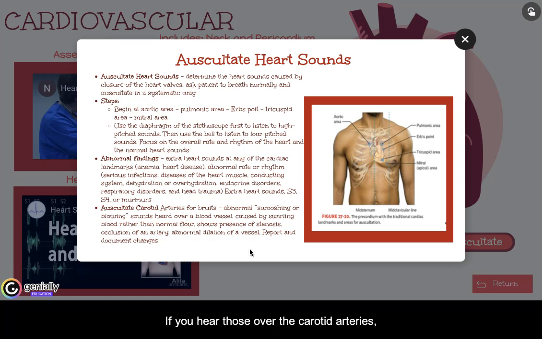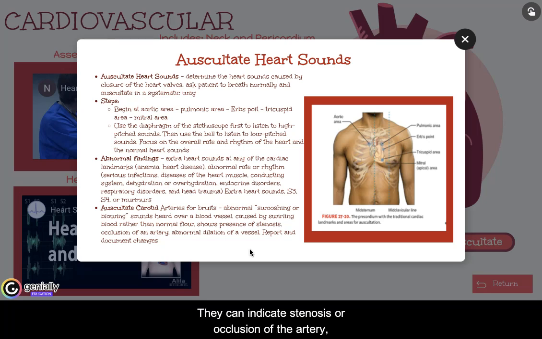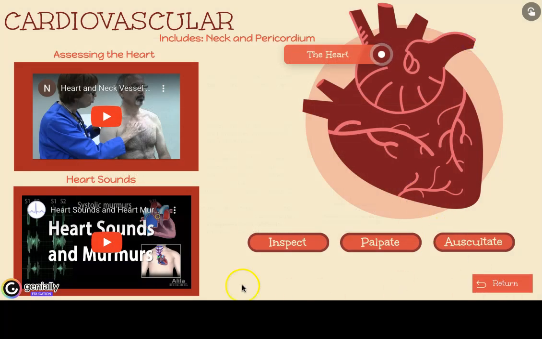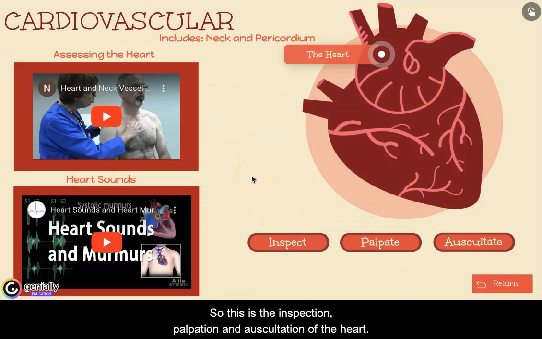If you hear those over the carotid arteries, these are abnormal findings, and they can indicate stenosis or occlusion of the artery, or abnormal dilation of a vessel. Report these changes to the provider right away. So this is the inspection, palpation, and auscultation of the heart.